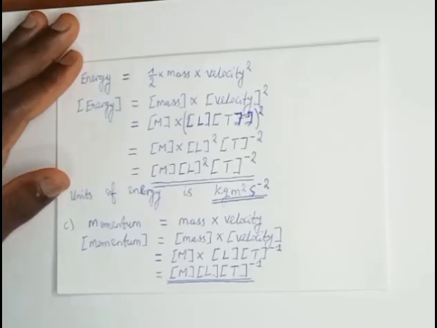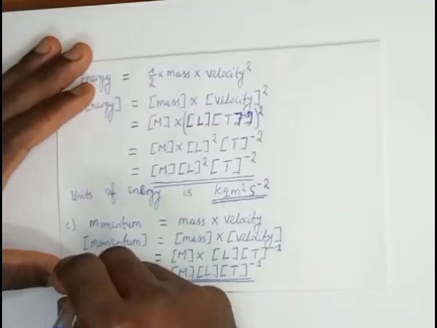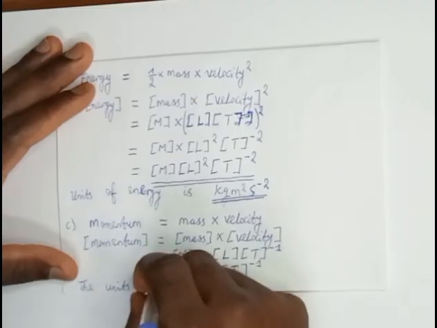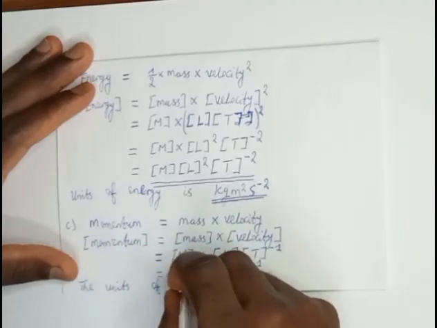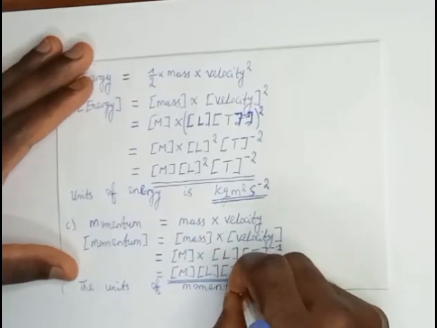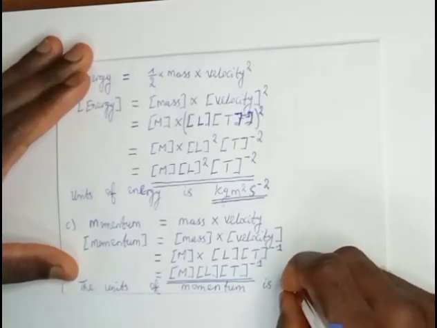Now, knowing the dimensions of momentum, we can write down the units of momentum. The unit of momentum is, we are going to replace m with the unit of mass, which is kilogram.